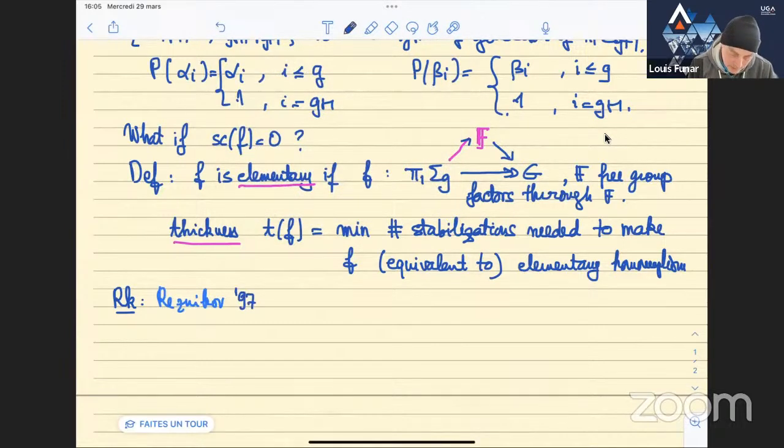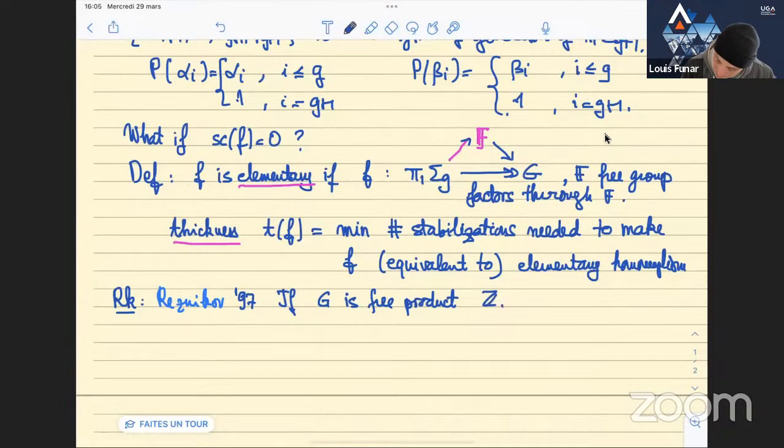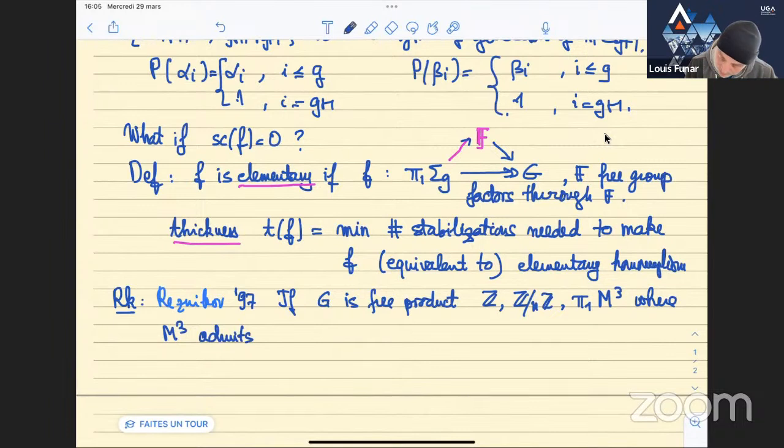In topology it says that if G is a free product of groups, you can take Z, so you get free groups, or Z over nZ for some n, or pi 1 of M, where M is a closed orientable 3-manifold which admits a Riemannian metric of positive scalar curvature.